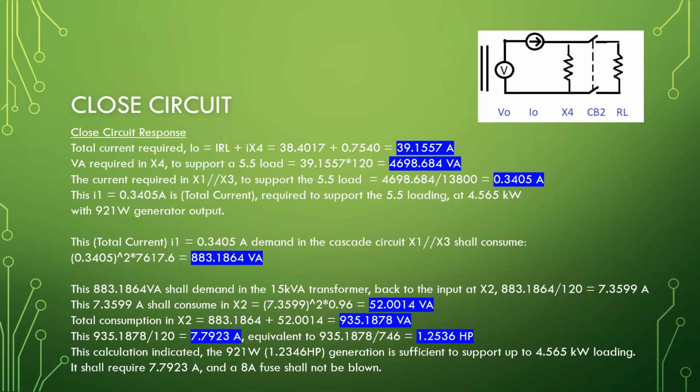This 7.3599 ampere shall consume in X2 7.3599 square times 0.96 equal to 52.0014 VA.